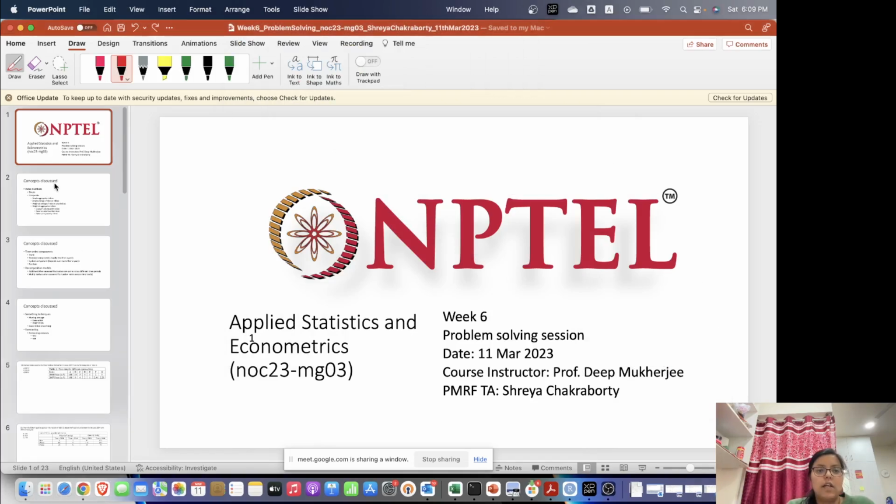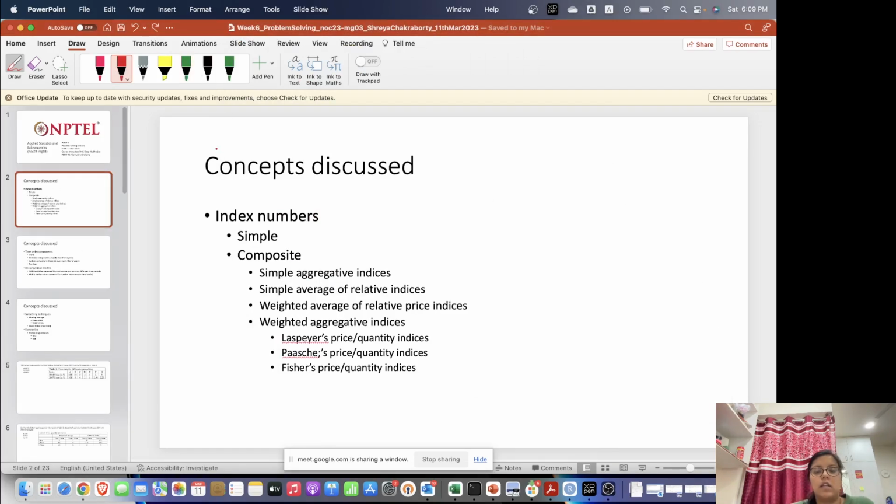So I'll just start with what was discussed in week 6. In week 6, we learned a little about index numbers and why it is important to learn about them, because it gives a comparative measure, and it's very important in economics because of the constant changes in prices, which leads to changes in values.